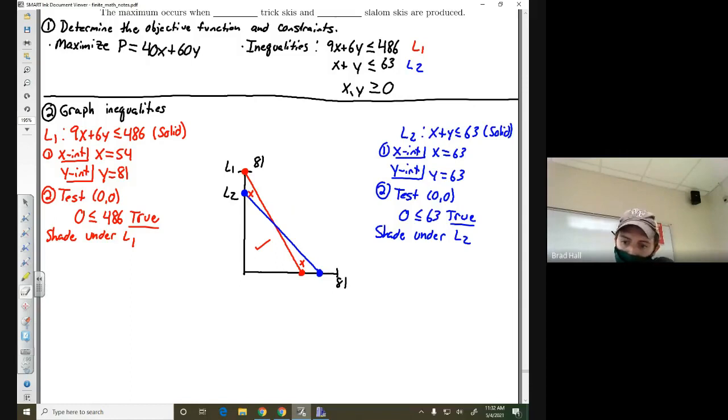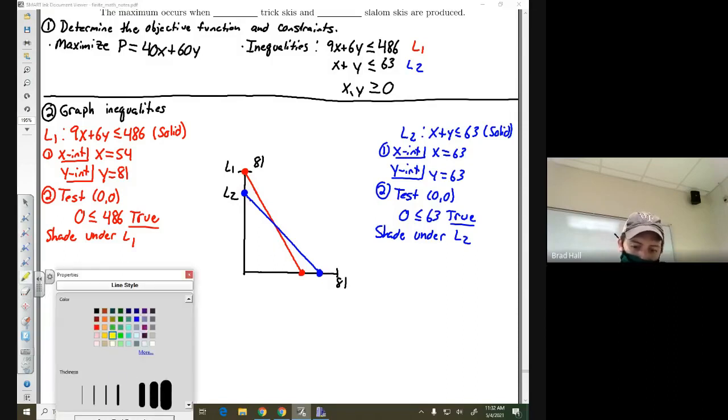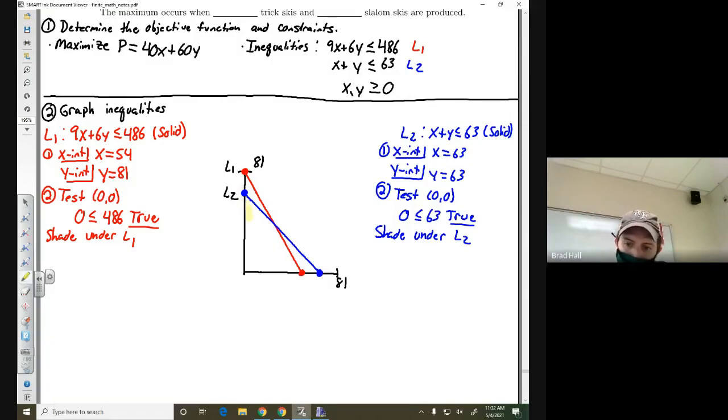So I'll go ahead and erase some of these details and clean this up. Let's go ahead and shade this in. And this is the region we shade, this bottom leftmost region.